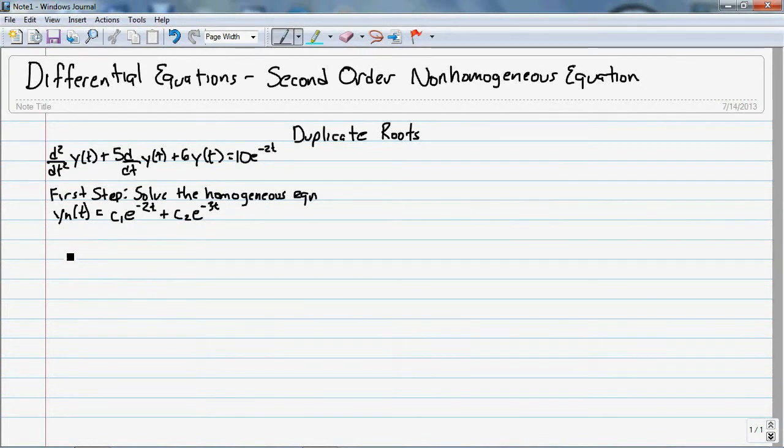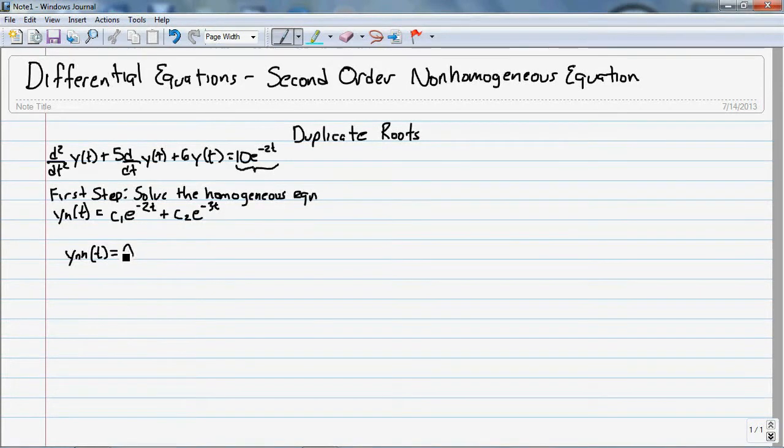Now we need to come up with our non-homogeneous test solution that we're going to put into the differential equation. And we would want it to be in the form of what is on the right hand side of the differential equation.